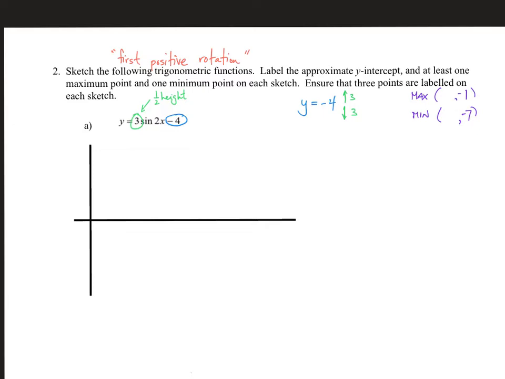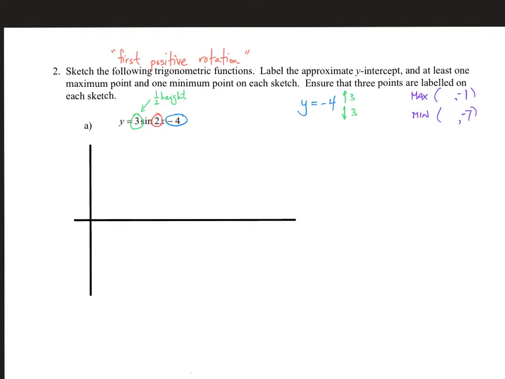So, the only thing that is going to affect my maximum minimum locations in this graph would be anything that affects it horizontally. I've already dealt with the y-coordinate, so I know how it's been stretched vertically. I need to know what's going on horizontally, and that's where the 2 comes in.